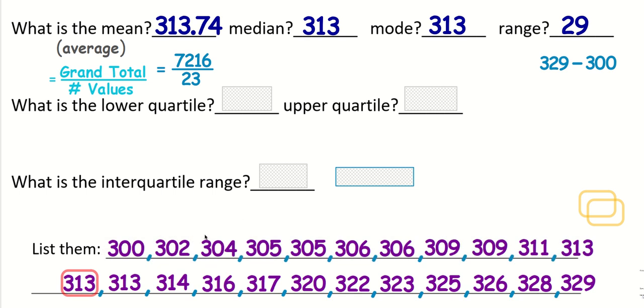And if there's 11 numbers, then the middle would be 1, 2, 3, 4, 5. And then we have this middle number, and then 1, 2, 3, 4, 5. So 306, okay, is the lower quartile, aka lower median, aka first quartile.